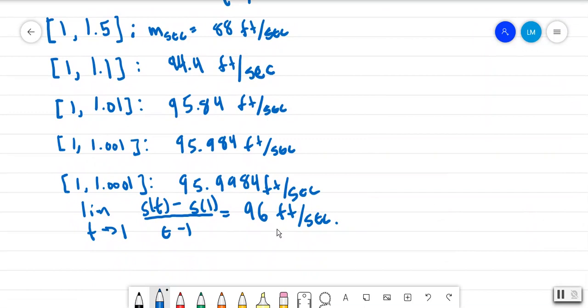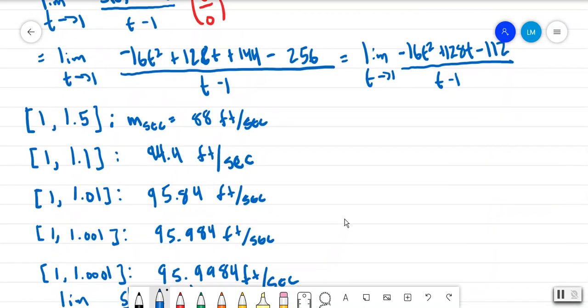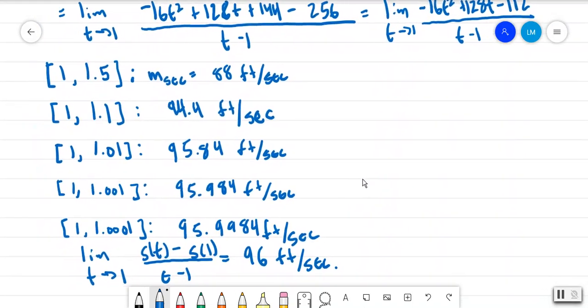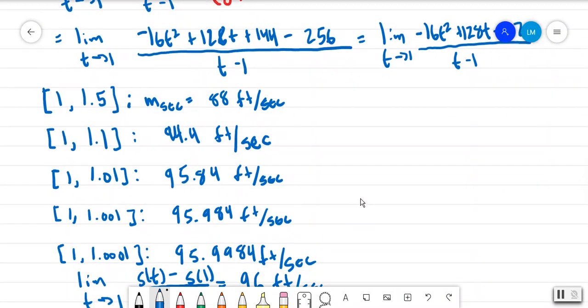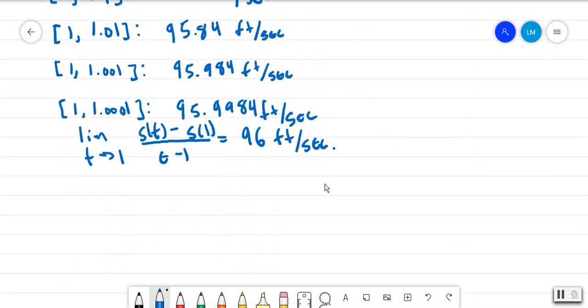And eventually you'll see that it equals 96 feet per second. Now, that may take forever when you do it like that. So we've kind of guessed based on the calculations that it's going to be just 96 feet per second.